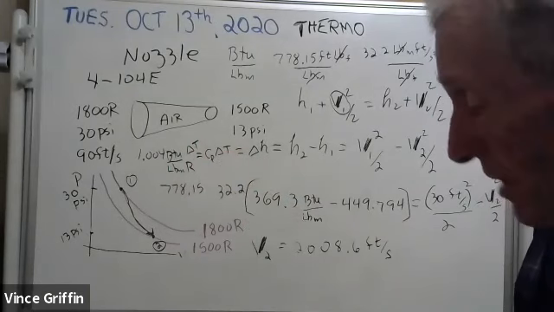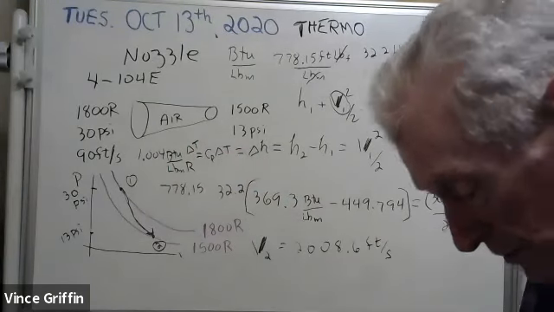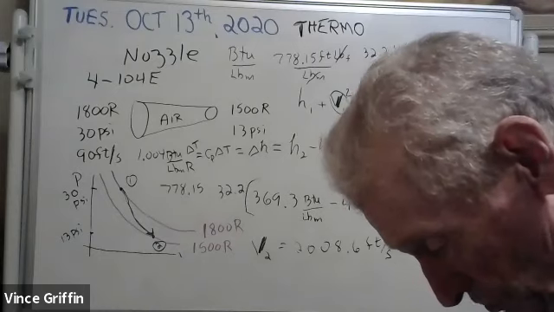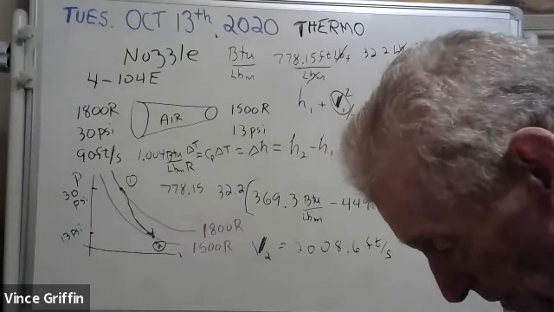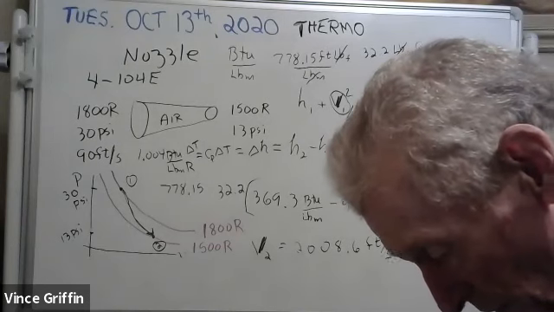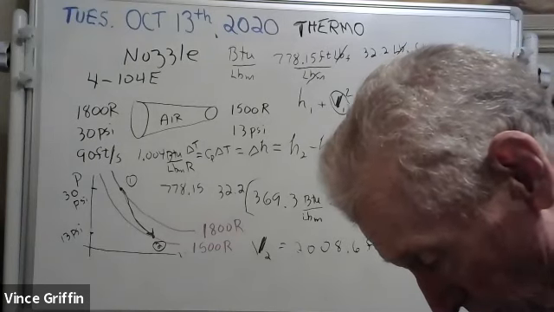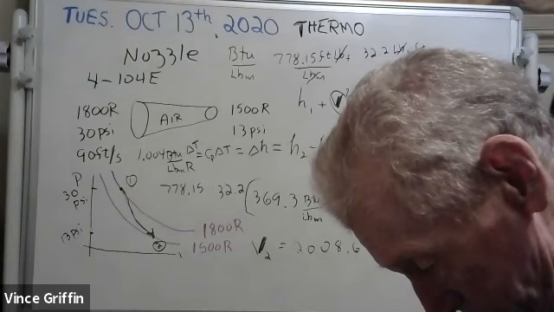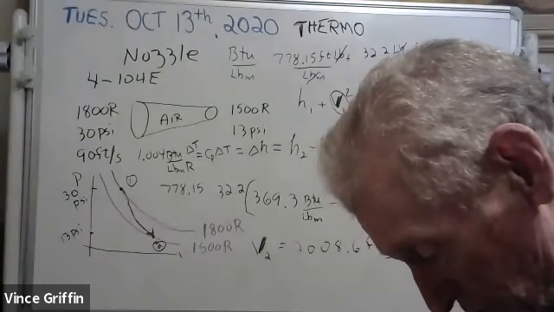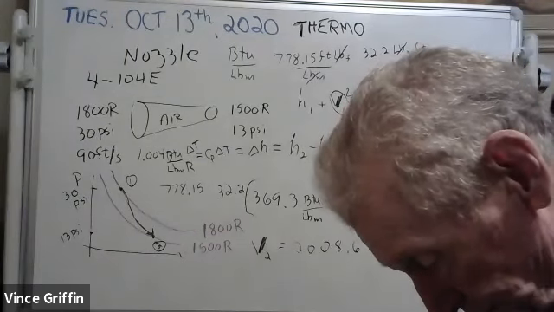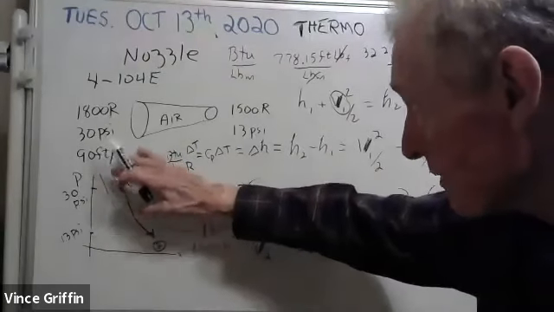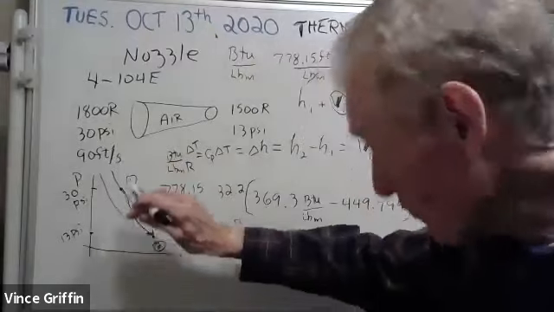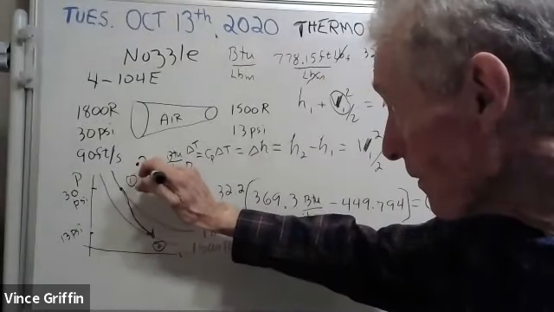We better look that up. Look in the back and snoop around and see if you can find it for air. No, that's metric, isn't it? That's no good. Guys, that's metric. It's 0.240.